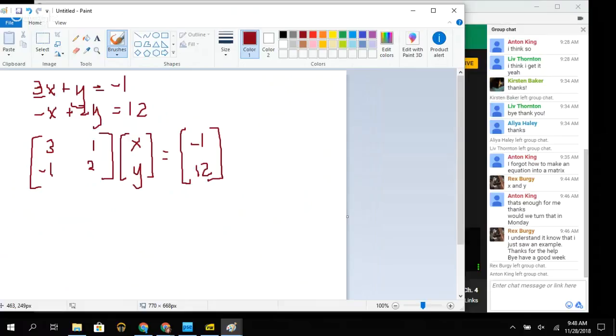Okay, so now I don't have to go through that whole explanation again. I know that if this is A and this is B and this is X, then A times X equals B. I can rewrite this as X, if I take the inverse of both sides.